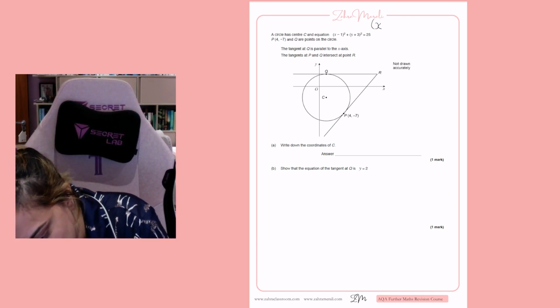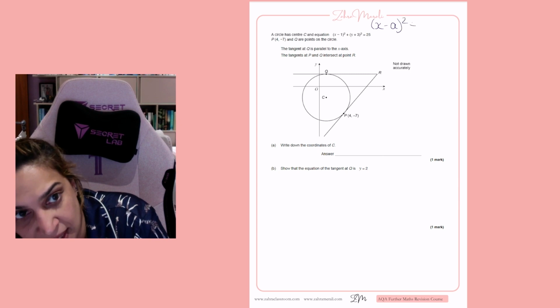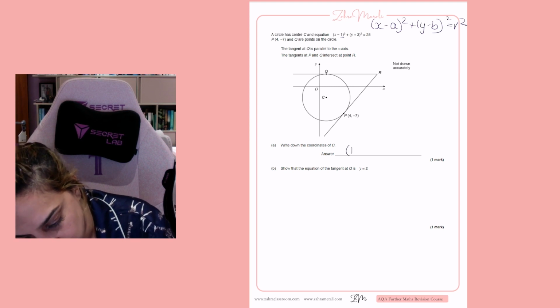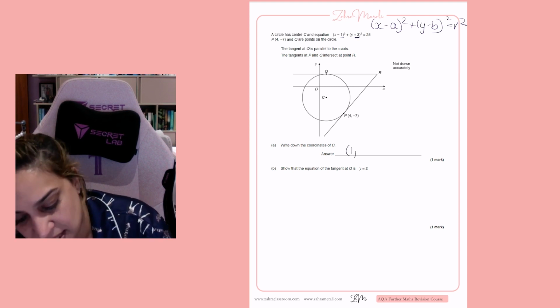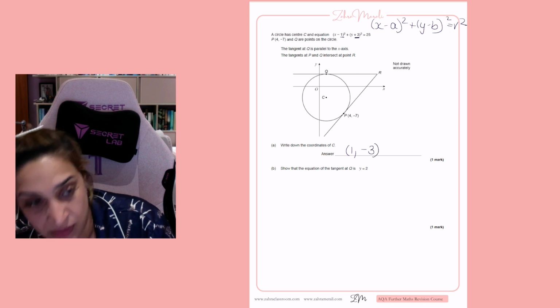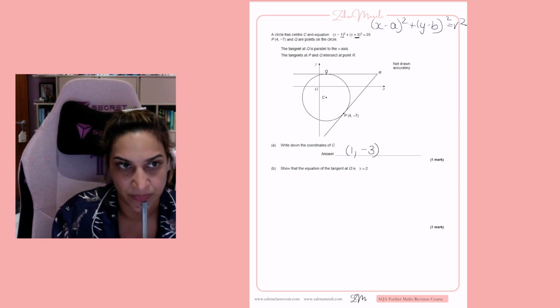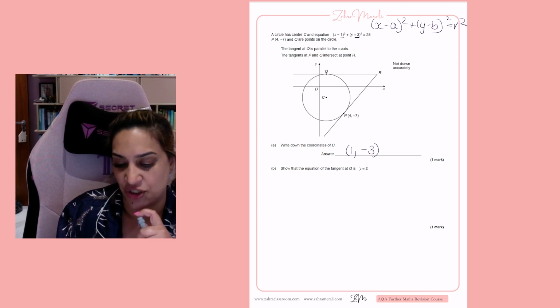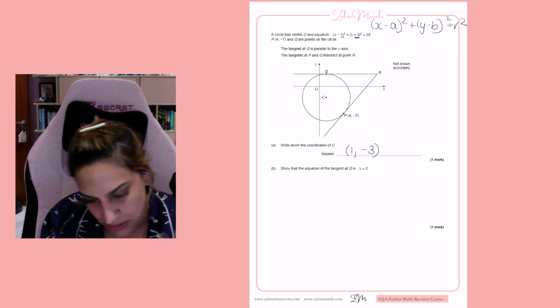So remember our equation, (x − a)² + (y − b)² = r². If that's 1, our x coordinate is 1. This is plus 3, so our y coordinate is -3. Okay. Show that the equation of the tangent is y = 2.